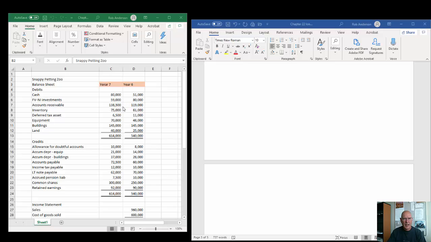for example, accounts receivable, well, we can see that there's an increase in accounts receivable. And if we're using the indirect method, you know that means that it represents money that you did not collect. So therefore, a decrease in cash flow compared to your net income for the year. Same idea, we can look at income tax payable. It went up.